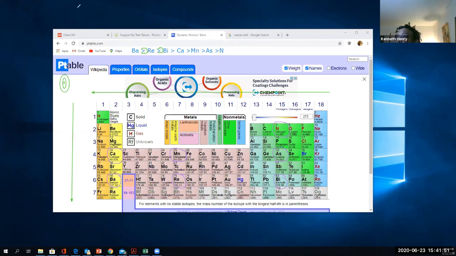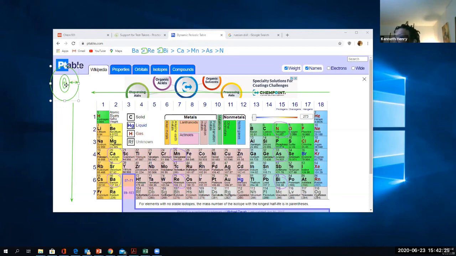So I'm going to put a little arrow like this. So you can kind of see. So for period 3, all of the elements in period 3 are going to be filling this space, right?